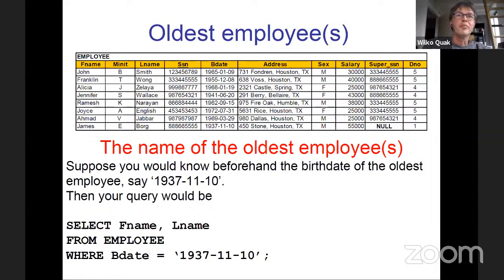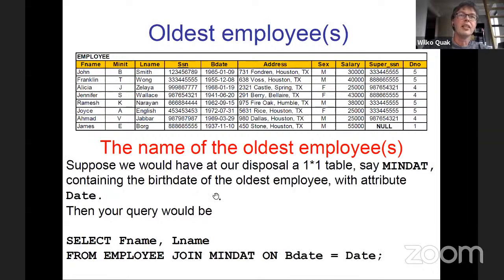And so it would be nice if you could do it in one query. There's a trick for that, and that's called a view. So suppose we would have at our disposal a 1-by-1 table. Let's say that table is called min.dat, and that one always contains the birth date of the oldest employee in the database, whatever data is in the database.